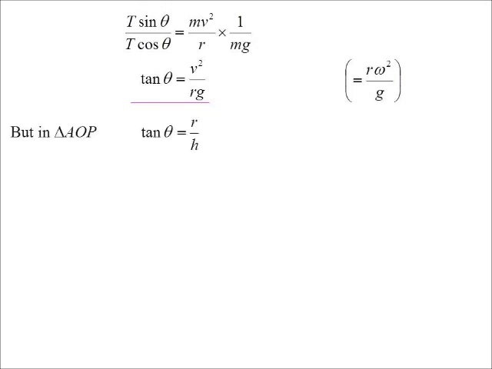But if we go back to our triangle, that tan theta is radius on height. So I can substitute that in, and we get v squared on rg is r on h. So the height of the pendulum, which basically was how far below the peak of the cone, if you like, where I was holding the string, is h.